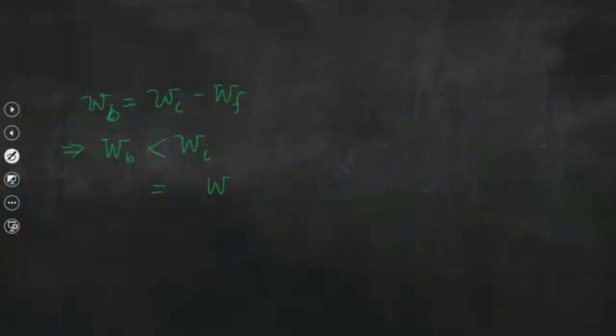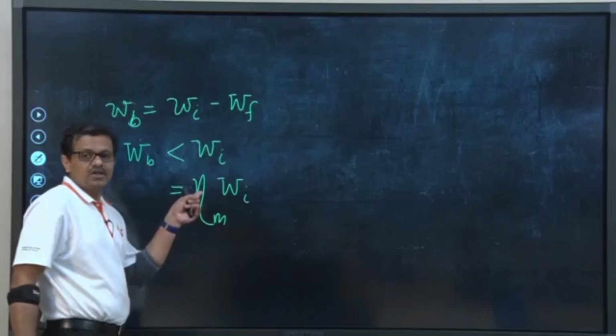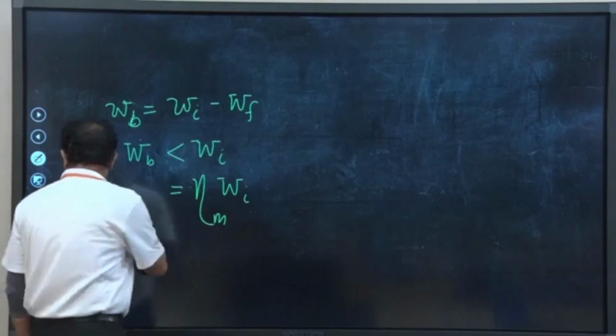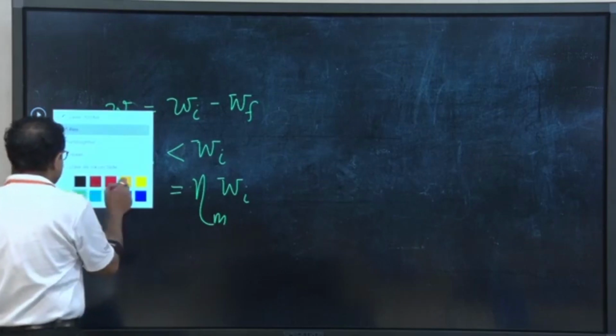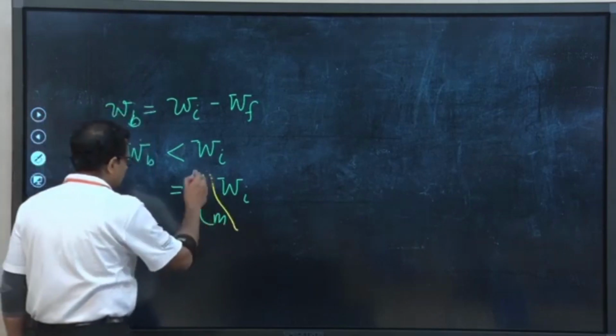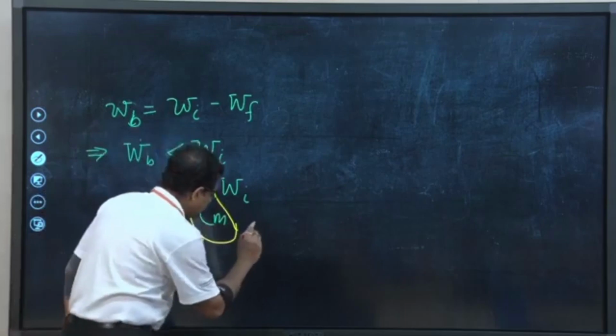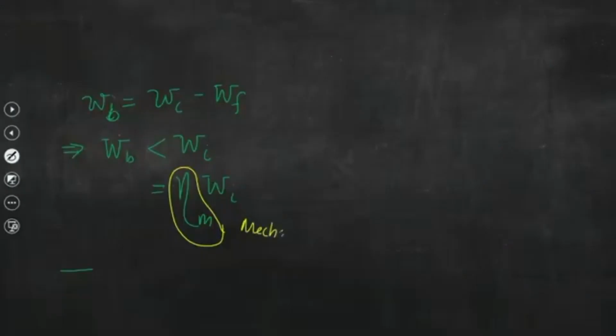So, we can write it as WI multiplied by a certain factor, and that factor is eta m. Certainly, the factor eta m should always be less than 1, and this quantity is known as the mechanical efficiency of the engine.